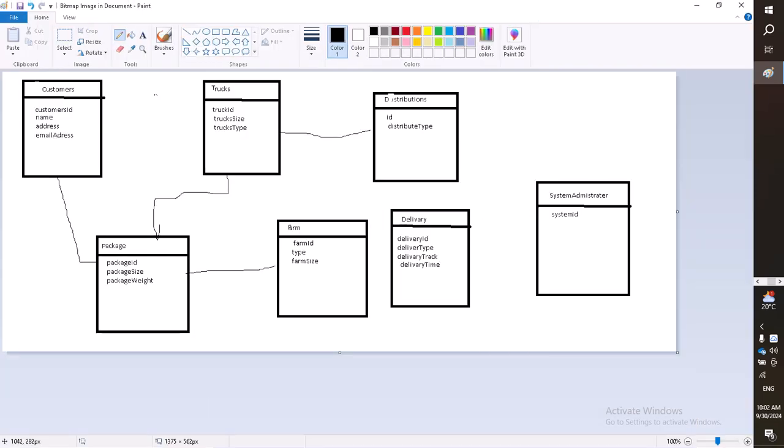And also what we find here, the system is the one that interacts with the client. Again, okay, this is a client that interacts with the system. And the delivery happens when there is a distribution.